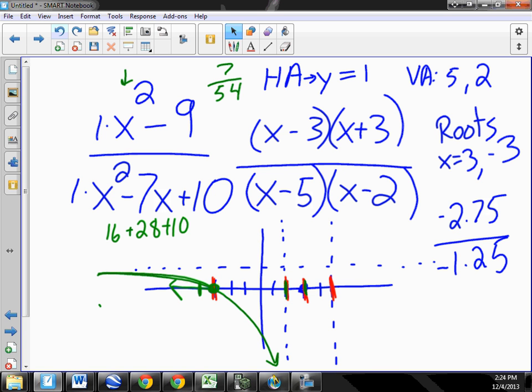So 2.75 divided by 1.25 is 2.2, which is bigger than 1. So I know that my graph is going to go like this and hit that.